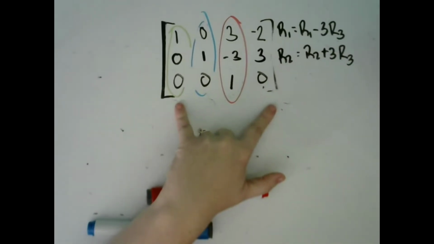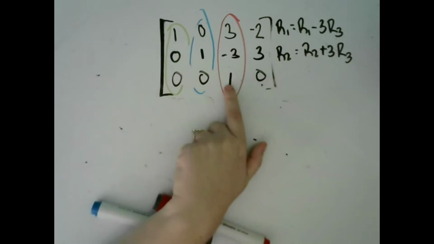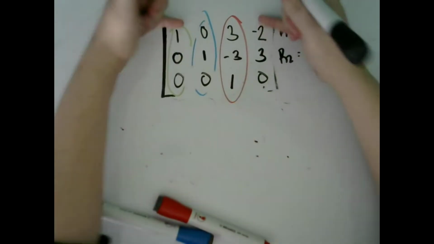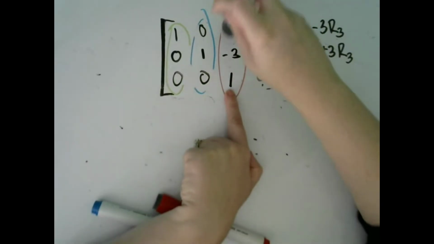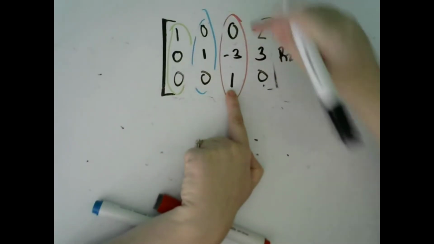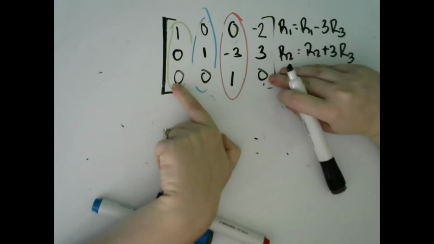The interesting thing about row 3 is that it doesn't have anything in it other than this 1. So when I subtract this, the only number that's going to change is here, because subtracting 0 does nothing.